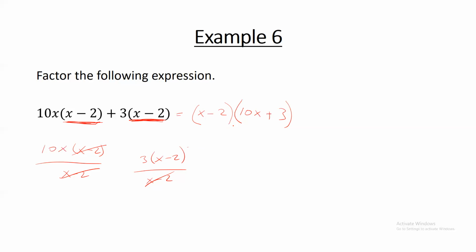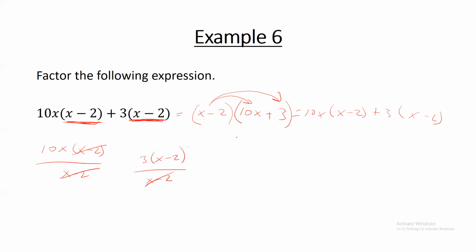And again, if you're confused about whether these two expressions are the same, it's not difficult to see that if you just distribute x minus 2 into the 10x and the 3, you will have 10x times x minus 2 plus 3 times x minus 2, right? Because you're multiplying x minus 2 by each term, so it's perfectly fine.